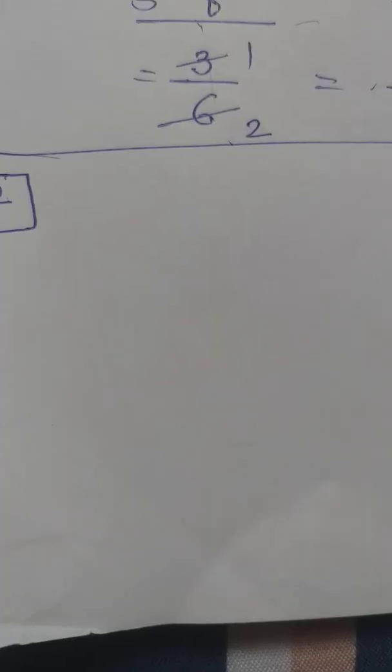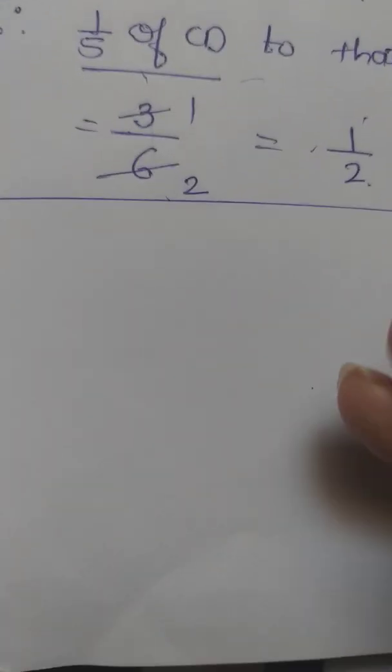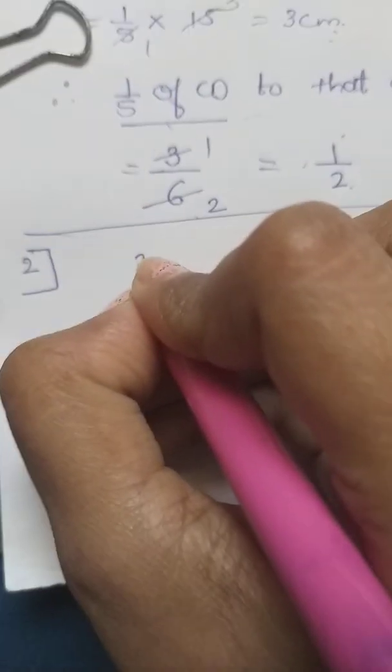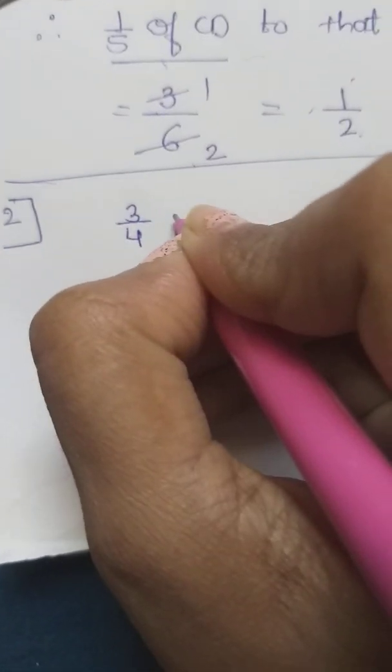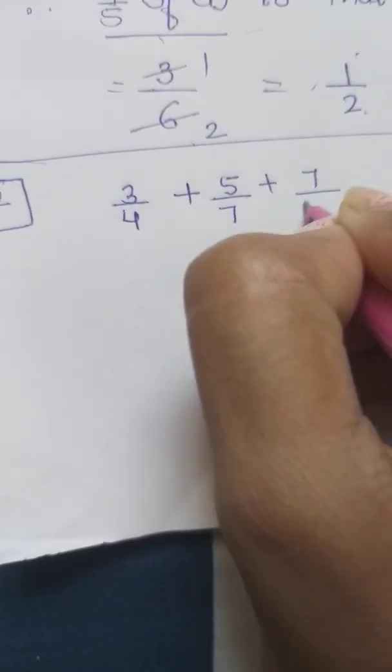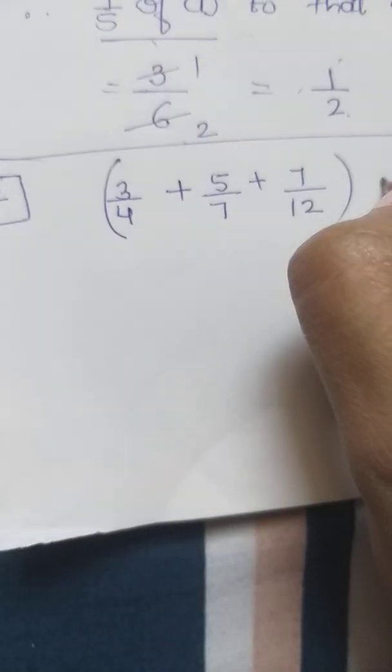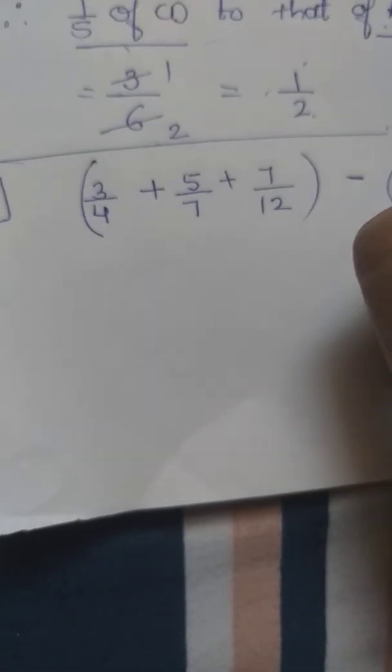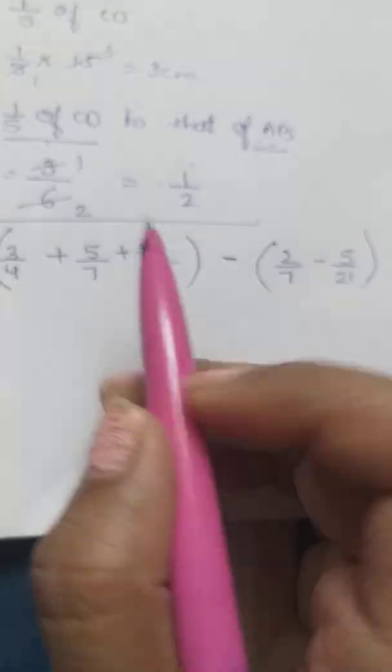So here we start. We'll start first with 3/4 plus 5/7 plus 7/12. From this we have to subtract 2/7 minus 5/21. So this is the question. From this term, this you have to subtract.